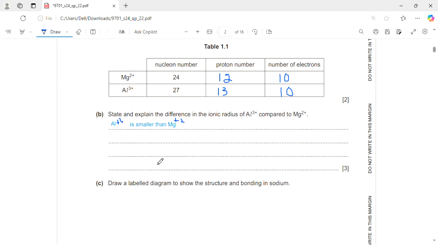The first point is that aluminum ion is smaller than the magnesium ion.